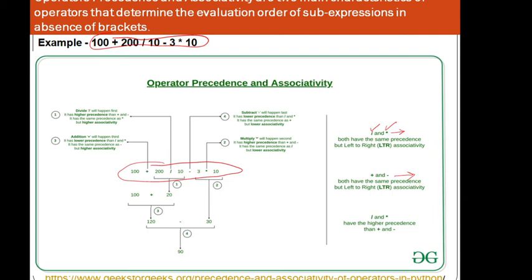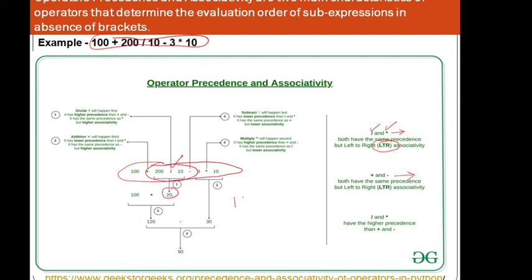So either division or multiplication will be performed first, but they are at the same level. So now left to right associativity comes in. Whichever operator comes first on the left side, this division, is performed first and it comes out to be 20.